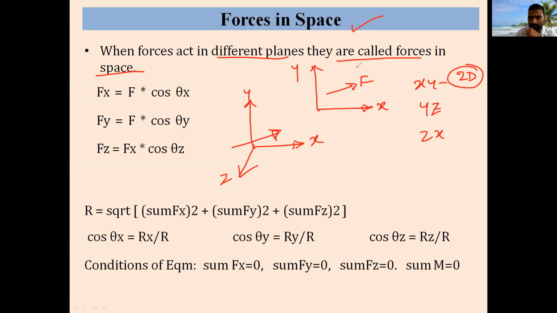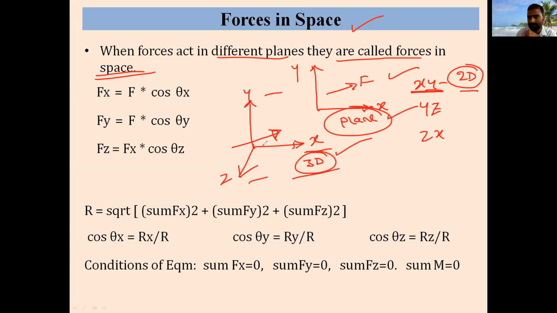See, in this one case, x and y, only two axes, so it is plane. That is 2D. In this case, how many axes? X, Y and Z. There are 3. This is 3D, three-dimensional. This is two-dimensional. If the force is in only one plane, then that is a plane frame. If the forces are in different planes, then that is three-dimensional, or space.